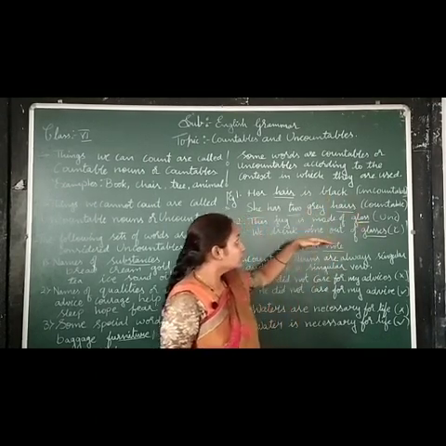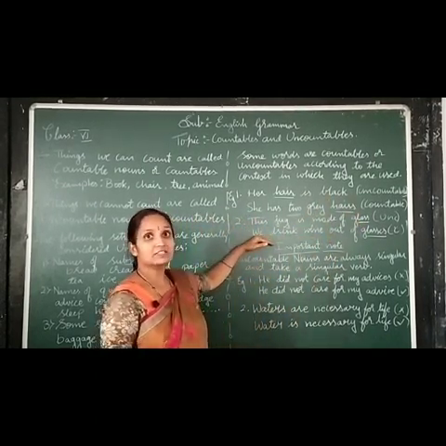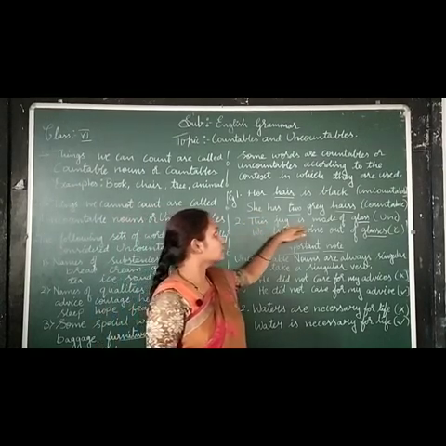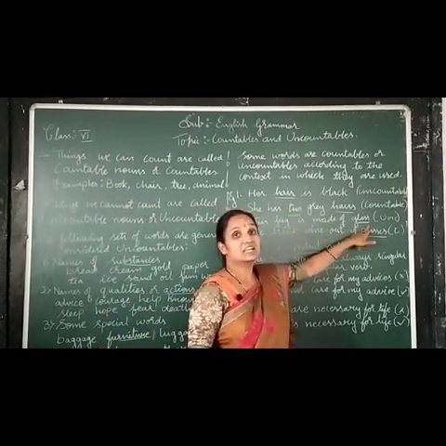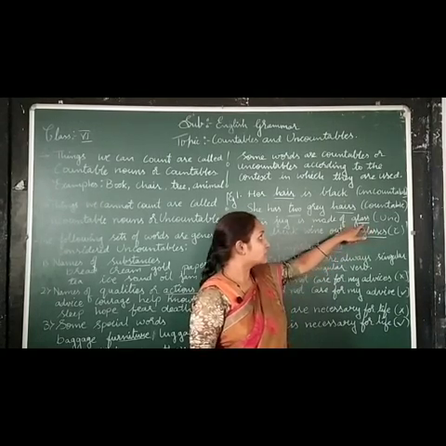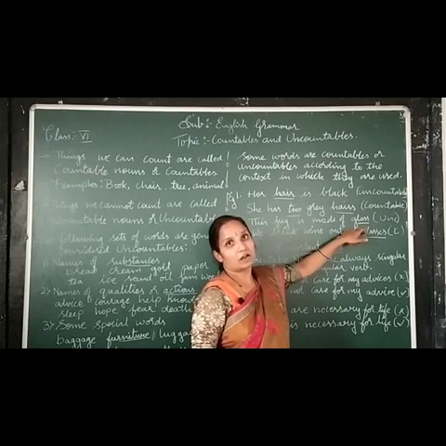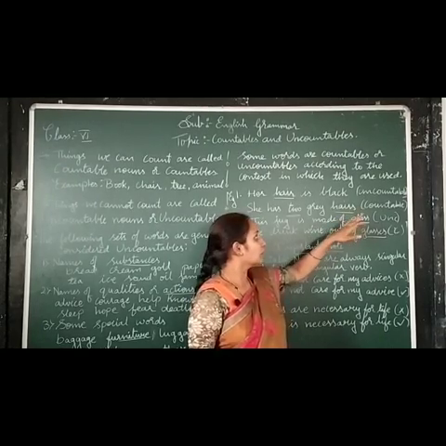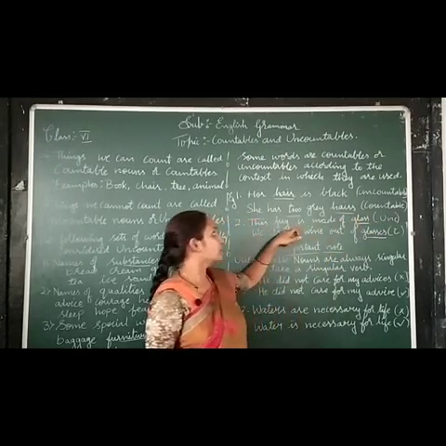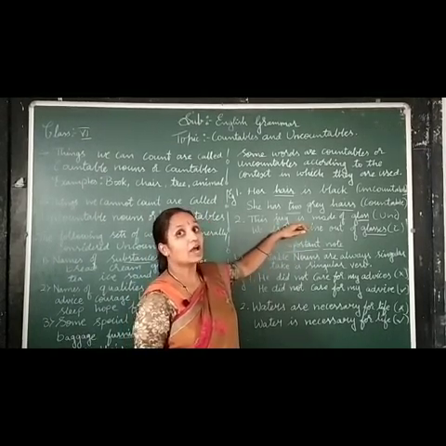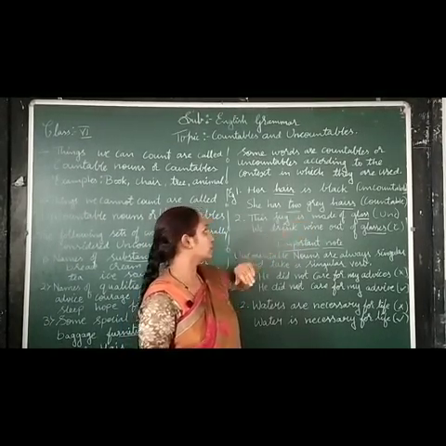Okay. In the same way, there is another example. This jug is made of glass. Glass is a material noun as well as an uncountable noun. This is said to be an uncountable sentence or uncountable statement.